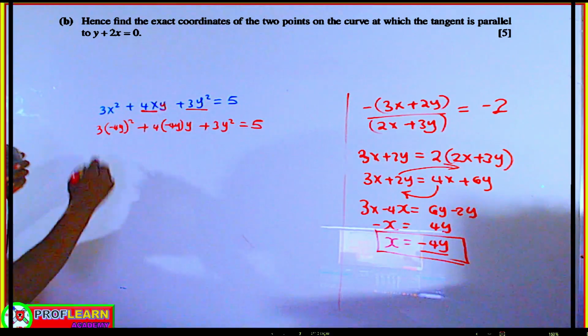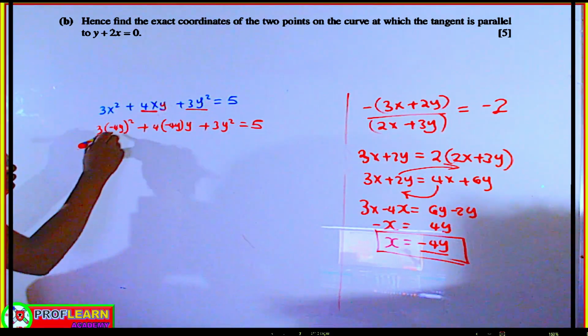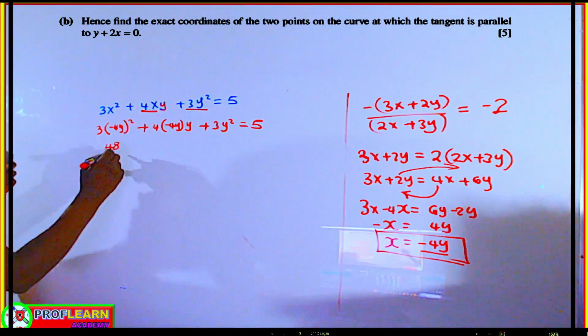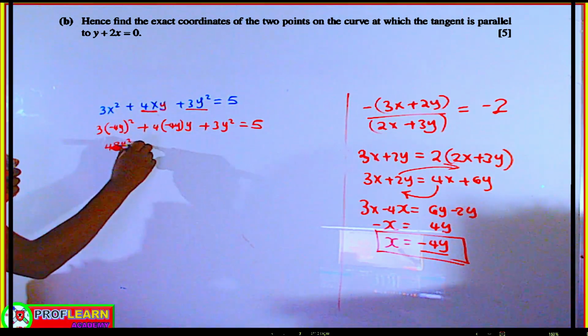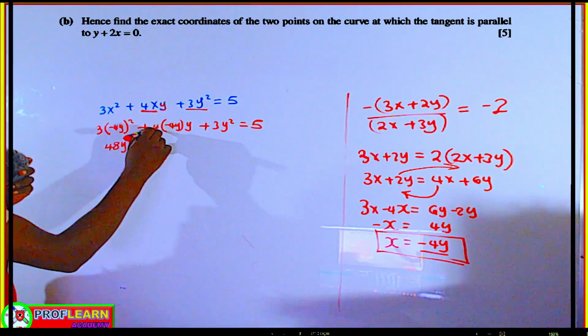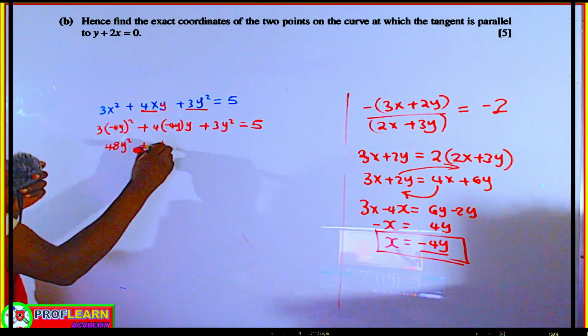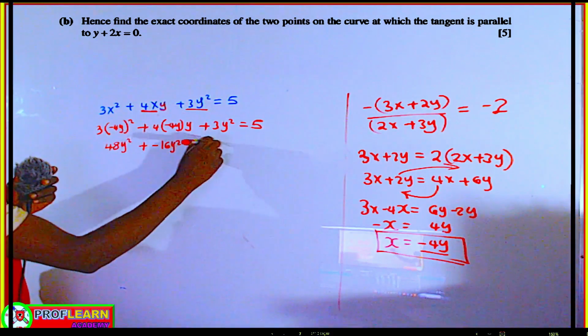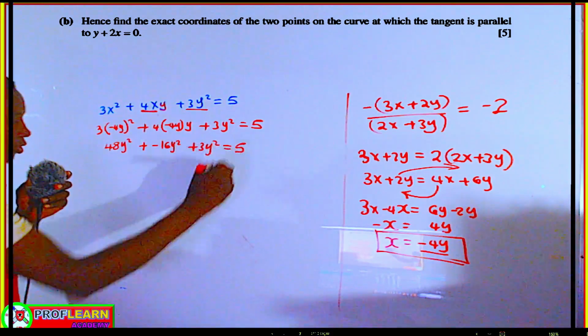If we expand this, this is going to be 16, and we shall have 48y squared plus negative 16y squared, then plus 3y squared is equal to 5.